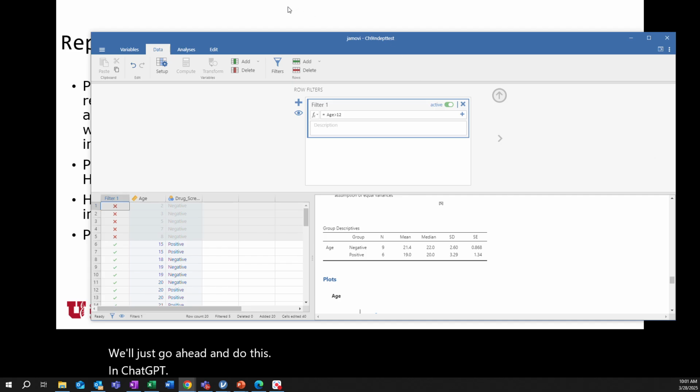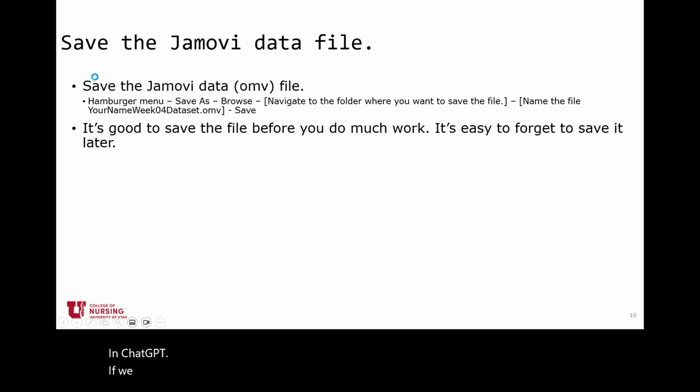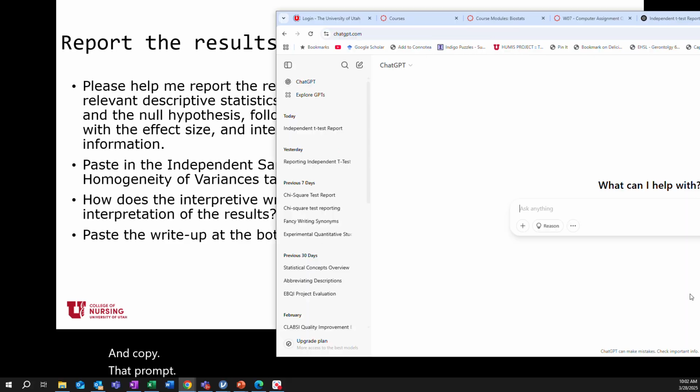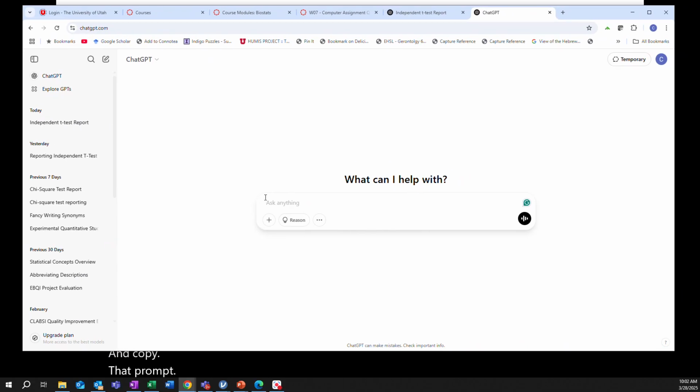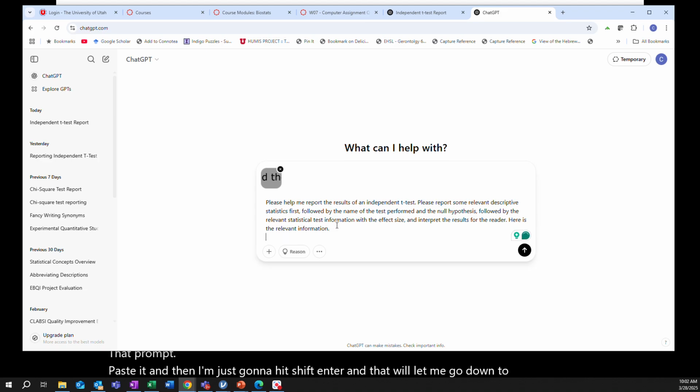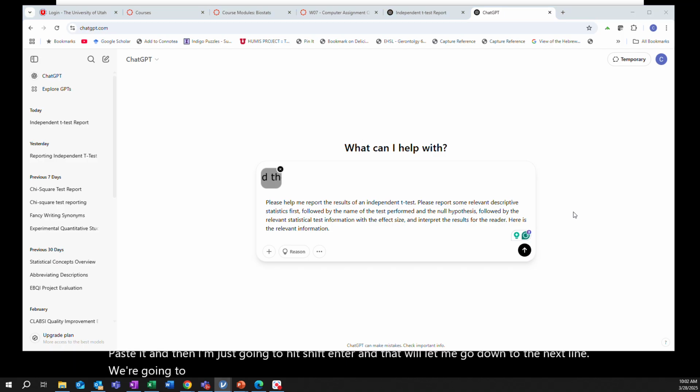So if we copy, whoops, I want to go back, and I'll go to the original PowerPoint and copy that prompt, and paste it, and then I'm just going to hit Shift Enter, and that will let me go down to the next line.